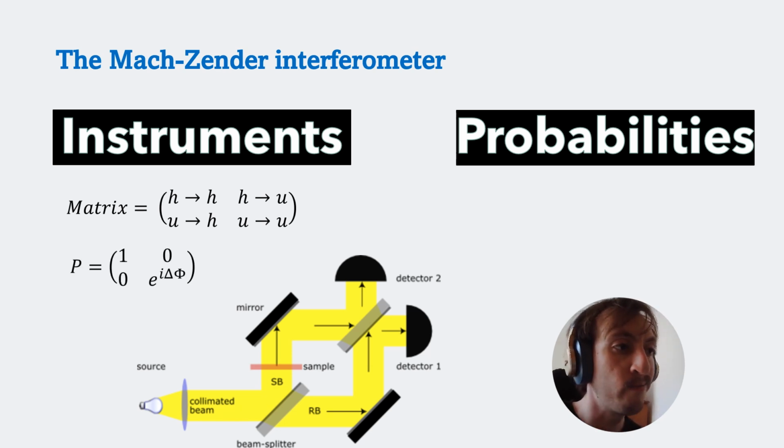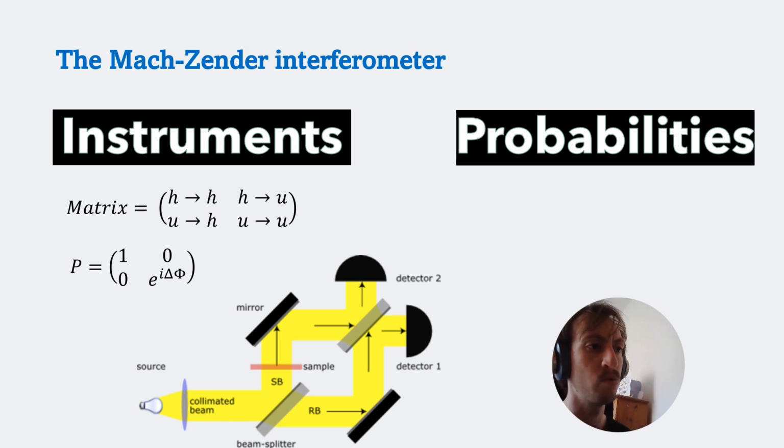So if we look at our phase shifter or our sample, and the term where our photon is travelling horizontally, let's say for example when it's first hitting our first beam splitter, it goes from travelling horizontally to travelling horizontally in the case where it doesn't interact with our sample at all and no phase shift is introduced.